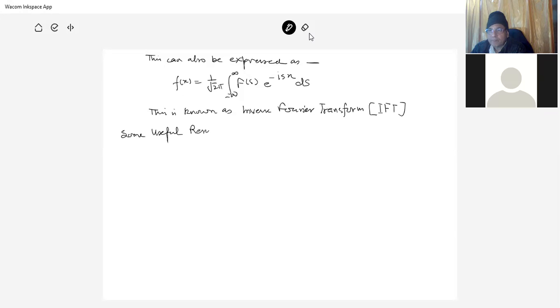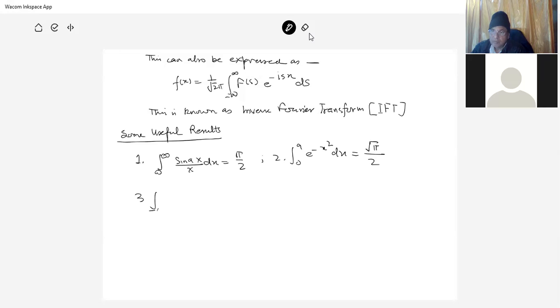Some useful results. Some useful results are: the integral from 0 to infinity of sine ax by x dx is equal to pi by 2; the integral from 0 to infinity of e^(minus x squared) dx is equal to root pi by 2; and the integral from minus infinity to plus infinity of sine mx upon (b square plus a square)... dx is equal to pi by a e raised to the power minus am sine bm, when m is greater than 0.